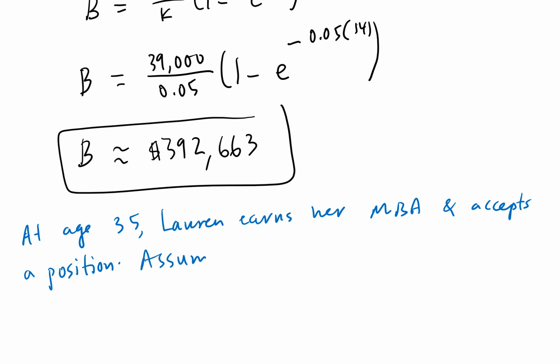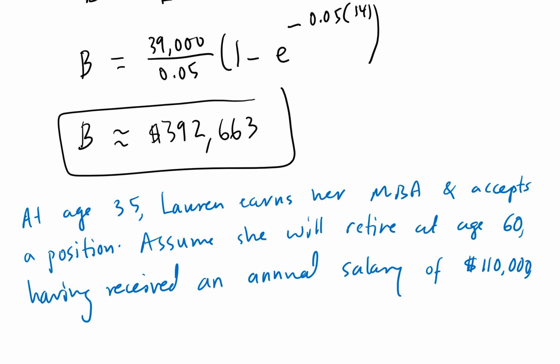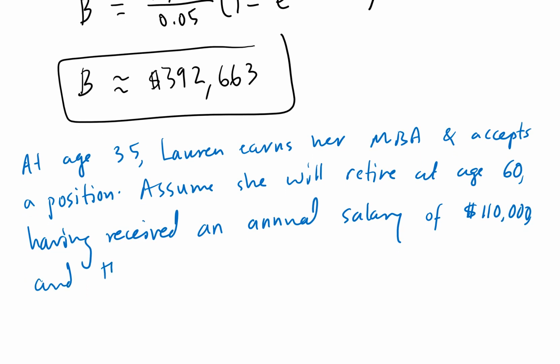Let's assume that she will retire at age 60, having received an annual salary of $110,000, and that the interest rate is 4%, compounded continuously.